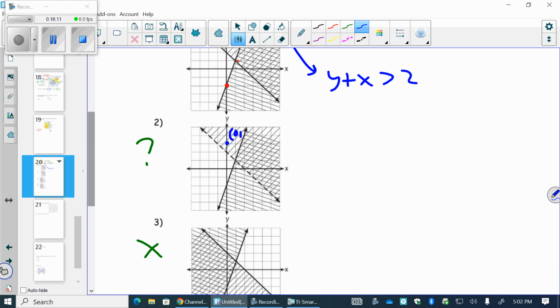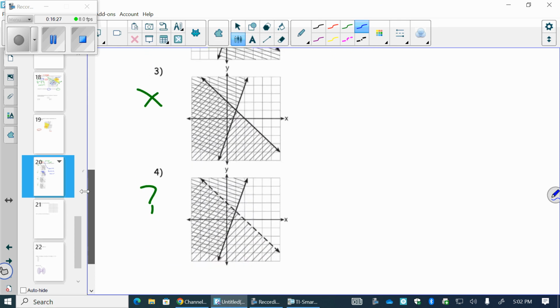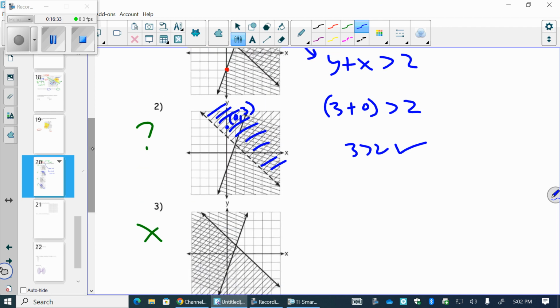I do 0, 3, I get 3 plus 0 is greater than 2. 3 is greater than 2. That's true. So I should shade this way. In this case, they shaded below the dotted line, which wouldn't be true. So 4 is out. It's got to be choice 2. You can also graph that again.